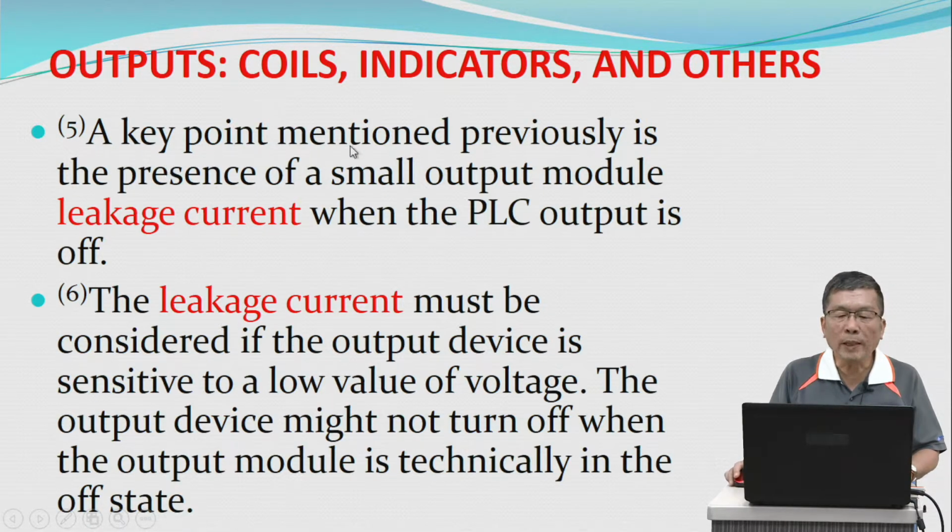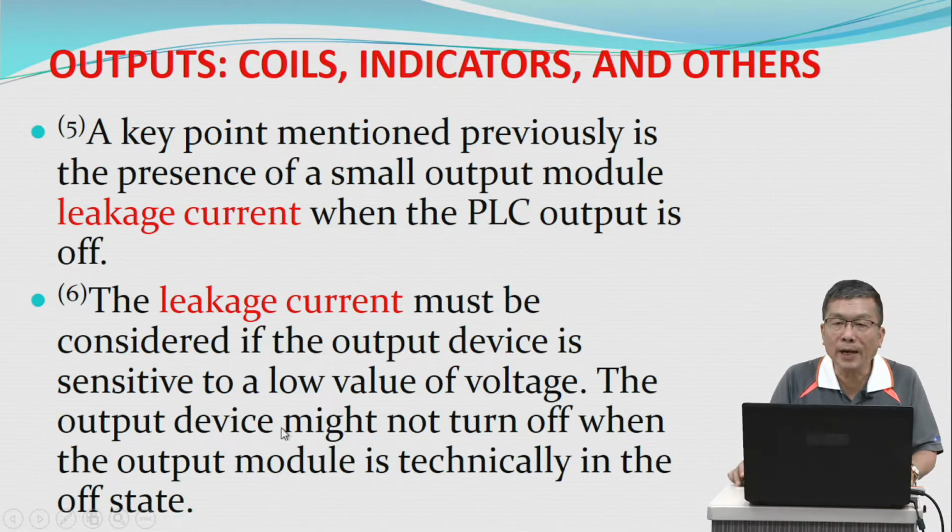A key point mentioned previously is the presence of a small output module leakage current when the PLC output is off. The leakage current must be considered if the output device is sensitive to a low value of voltage.